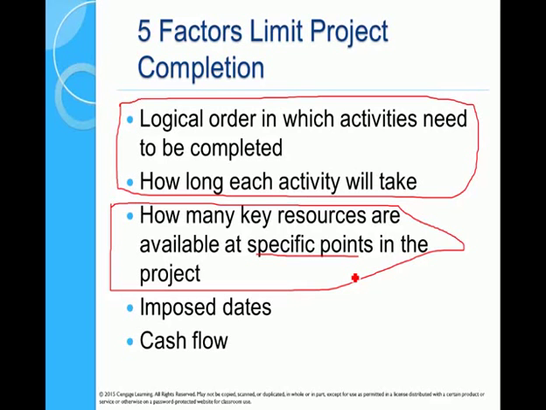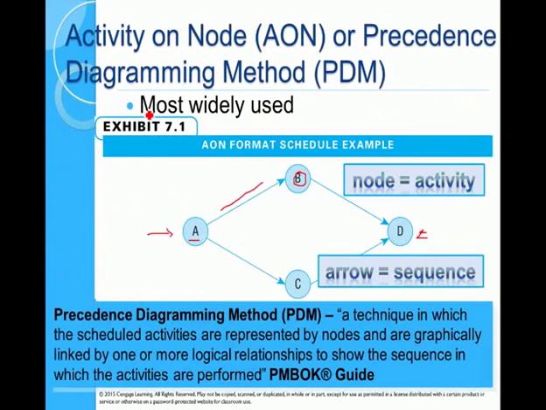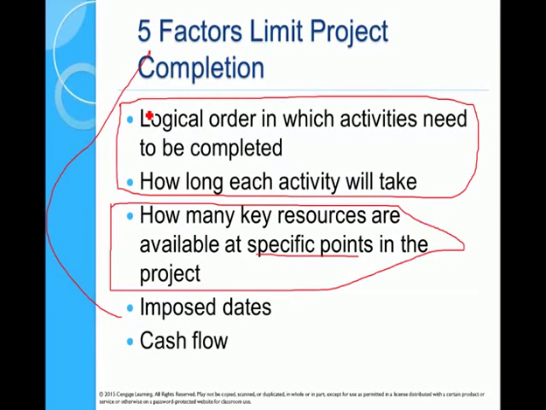And finally, those considerations, both the imposed dates and the cash flow, they affect when that project can be complete. We use the network diagram to get a model, and then we look at specific things that are in reality imposed on the project, and that gives us what we call our final schedule.